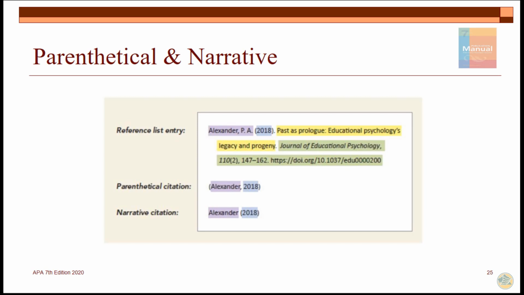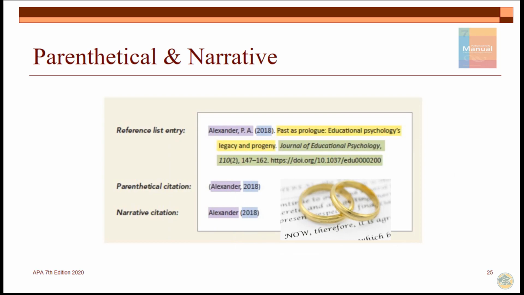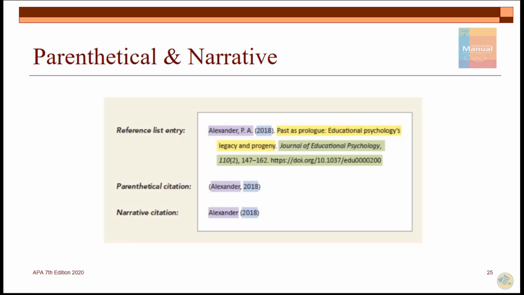In a parenthetical citation, the author and the year and the page number, if necessary, are included inside the parentheses. However, if you are using a narrative citation, you may have the author's last name in your sentence, but because the author and the year are married, the 2018 in parentheses goes smack in the middle of your sentence right next to the author.